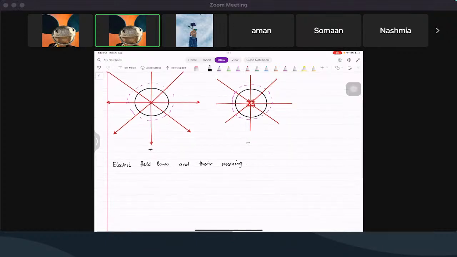So electric field lines basically depict the direction of force on a unit positive charge, and that's very important to understand because a positive charge would basically be attracted towards negative.